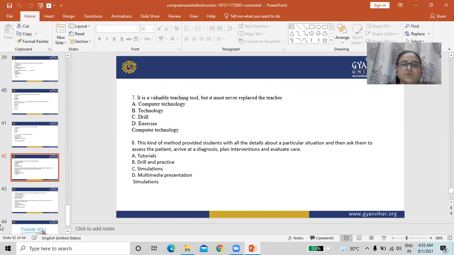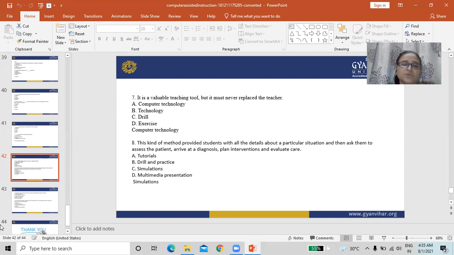The kind of method that provides students all the details about a particular situation and then asks them to assess the patient, arrive at a diagnosis, plan intervention and evaluate care.